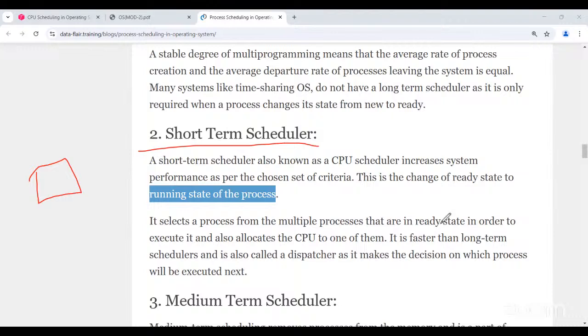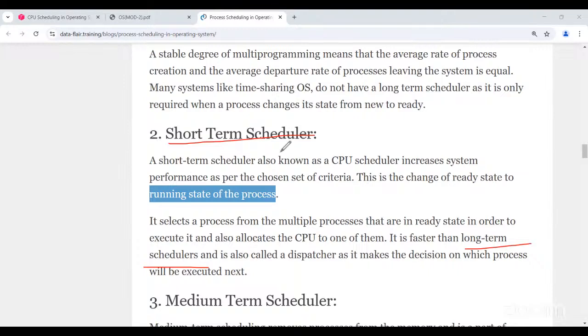That way, the CPU scheduler is increasing the system performance, because the short-term scheduler executes the process within less time.